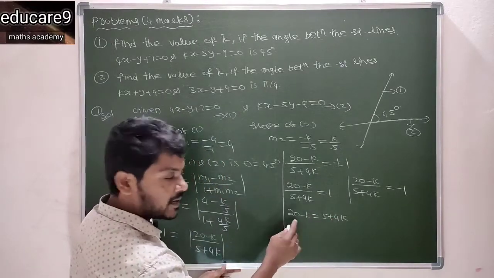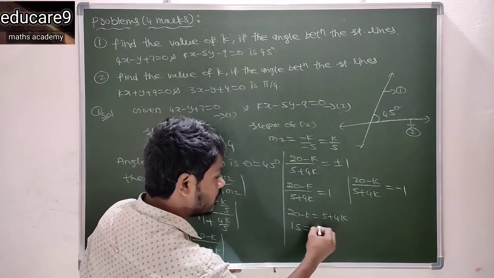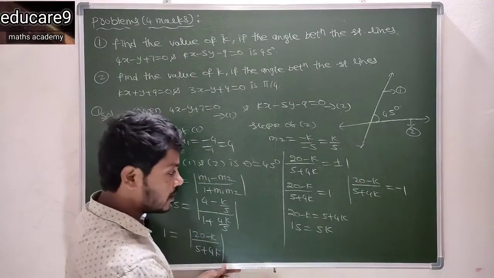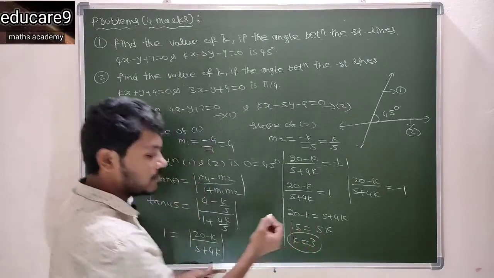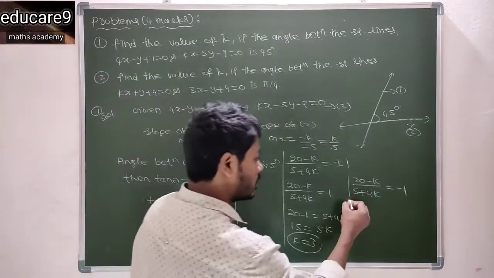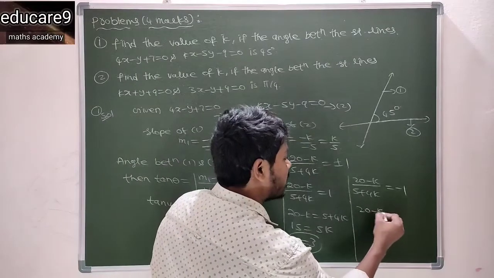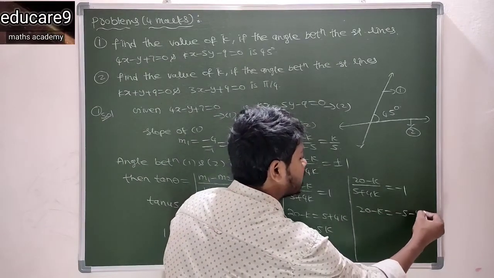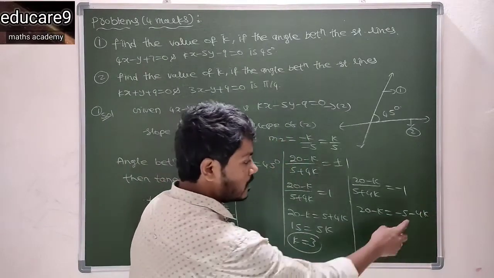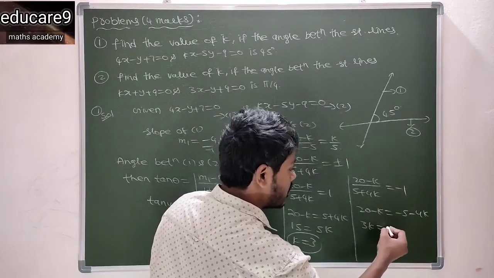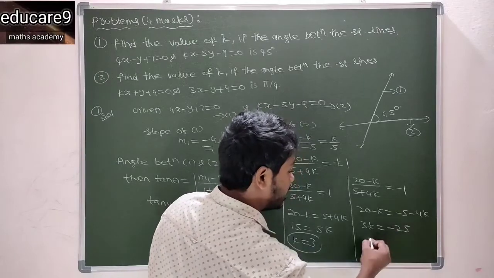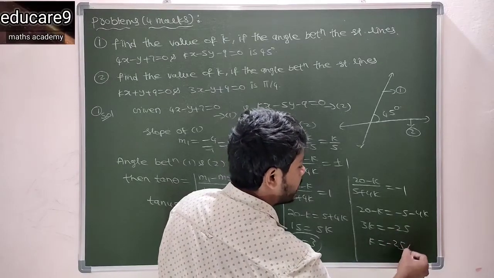Now 20 minus 5, 15 is equal to 5k. So clearly k is equal to 3. And here 20 minus k is equal to minus 5 minus 4k. So this is 3k is equal to minus 25. So k is equal to minus 25 by 3.